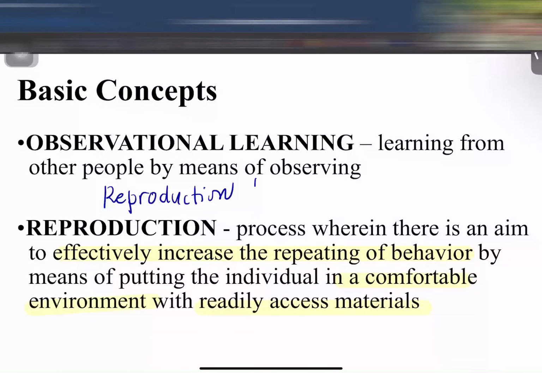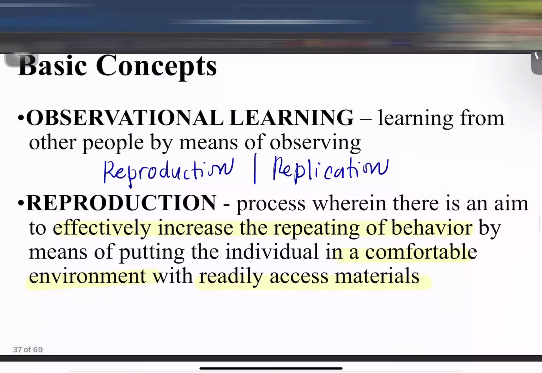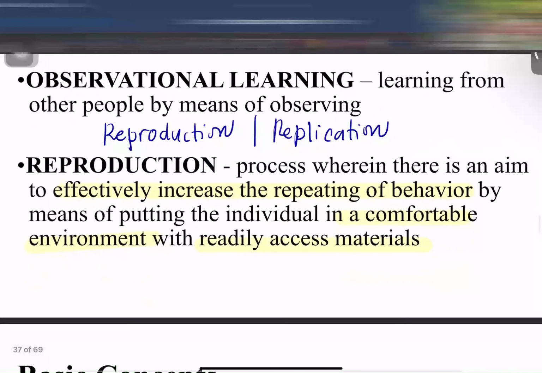But in this case, class, your reproduction is more of replication. So, class, reproduction would mean replication. Kumbaga, class, we are trying to encourage the individual to reproduce the effort. We are trying to encourage the individual to replicate what he has done. And we are doing that, class, by making the environment comfortable.